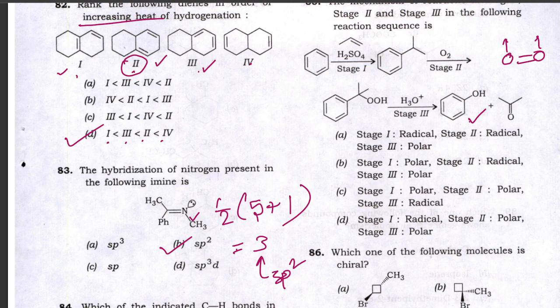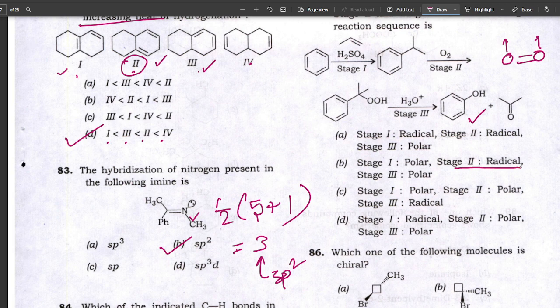So if you understand this, then you can very easily eliminate options. The option with stage 2 polar will be eliminated, and the other option with stage 2 polar will also be eliminated.